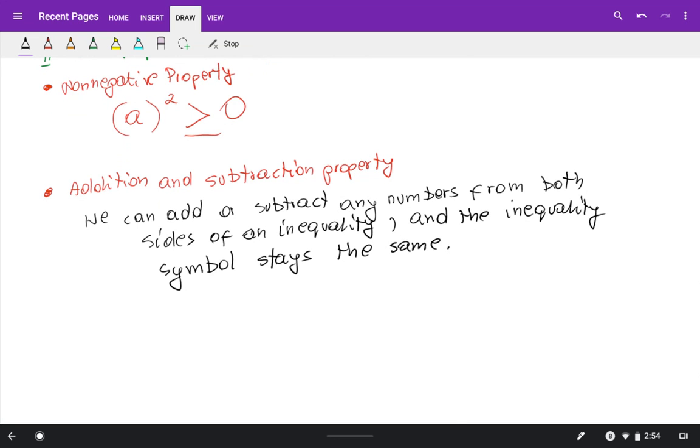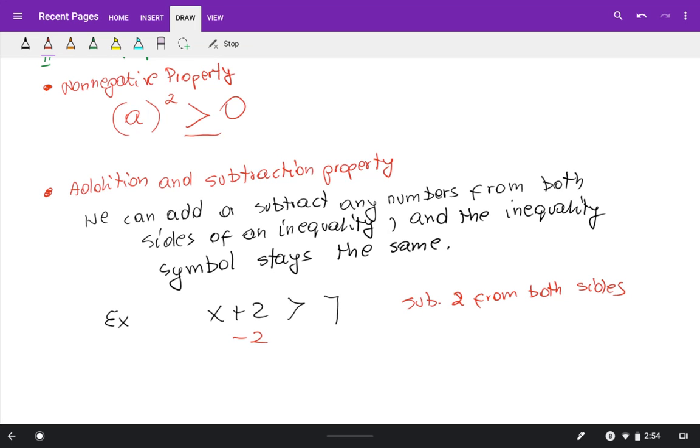So for example, something like this. You have x plus 5 is greater than 7, and we need to solve an inequality like that. So what I'm going to do, I want to isolate x. So I want to subtract 2 from both sides, like solving equations.